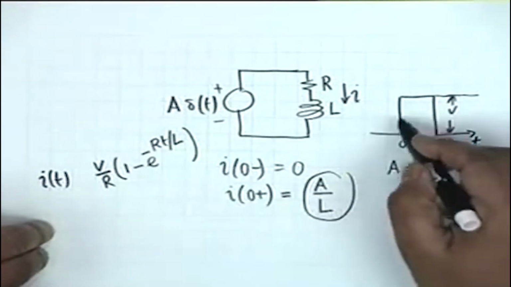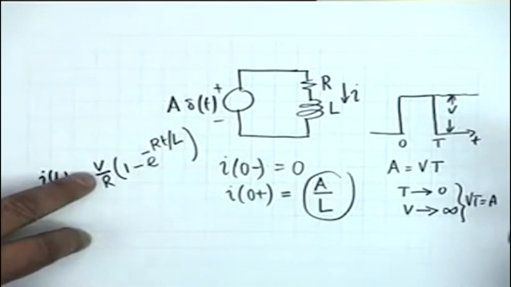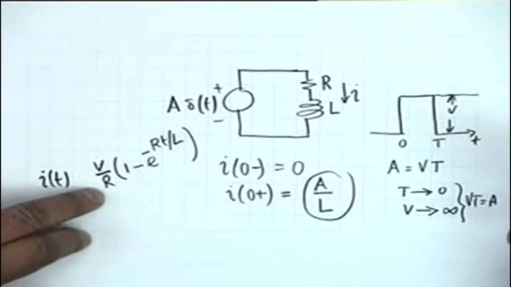This will be the current when a step is applied. The current gradually builds up from the value 0 to the value V by R.